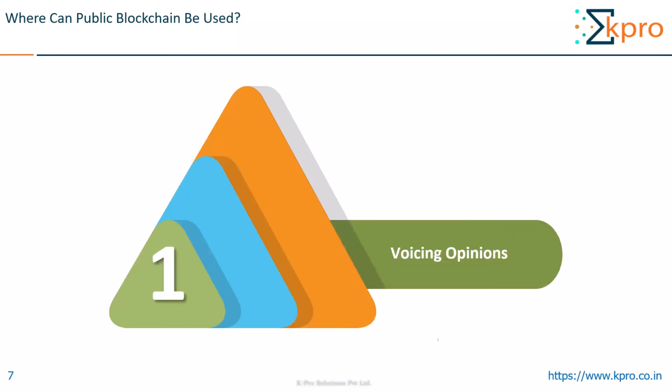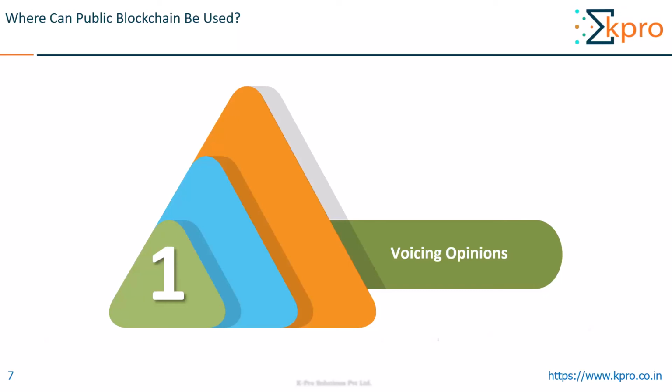A public blockchain can be used for voicing opinions. If anyone tries to build an application where anyone in the world can take part and put forward their views and opinions regarding any critical topic, this blockchain can be used.